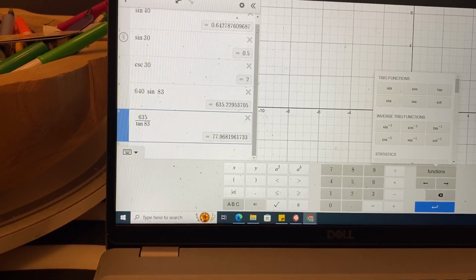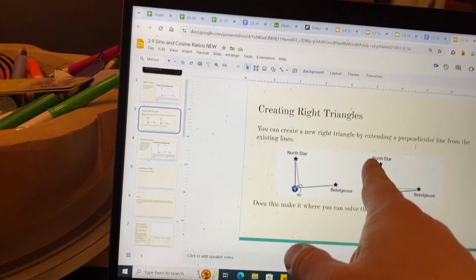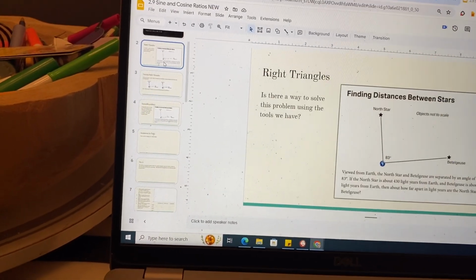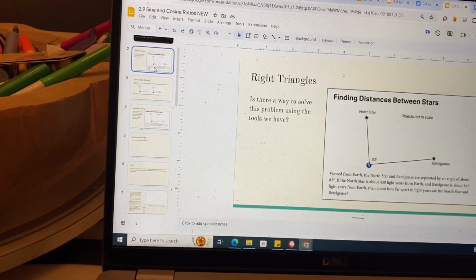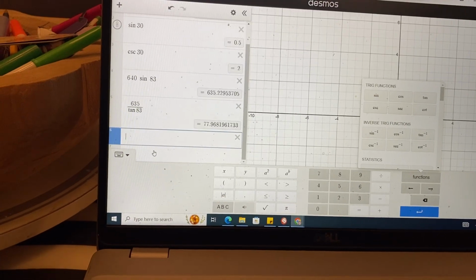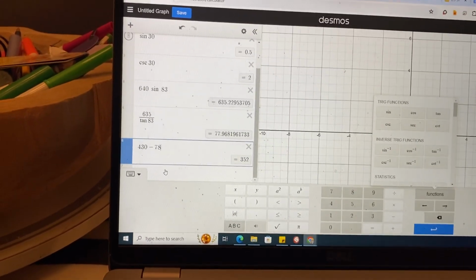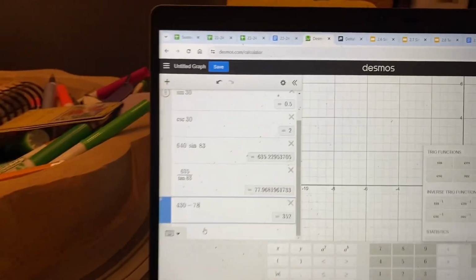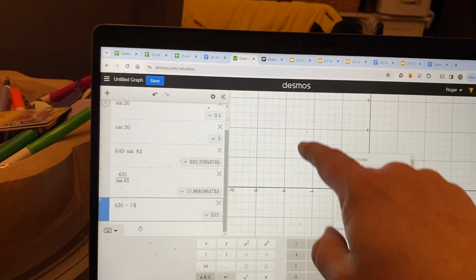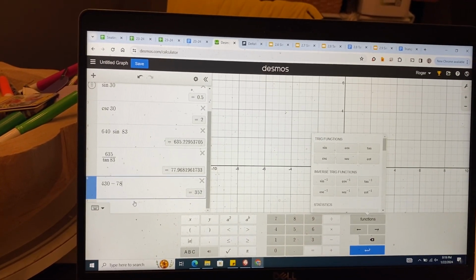So I'm going to take my distance there. I'm coming back here. I'm going to take this distance from the North Star to Earth, and I'm going to subtract that 78. And I saw here it was 430. So I come back here. That's 430 minus 78. So I get 352. So now I have the two sides of my right triangle, and what I'm looking to do is figure out the last one.